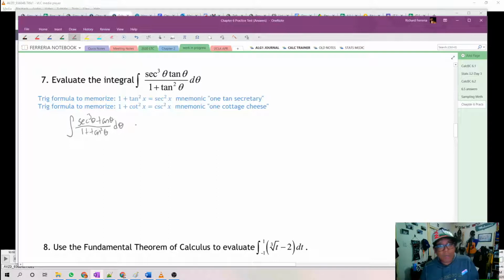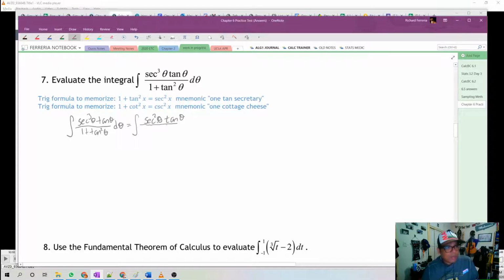So there has to be a way to simplify this. And looking at that denominator, that's the 1 tan secretary part, or part of 1 tan secretary. So we'll just substitute the rest of the tan secretary in there.